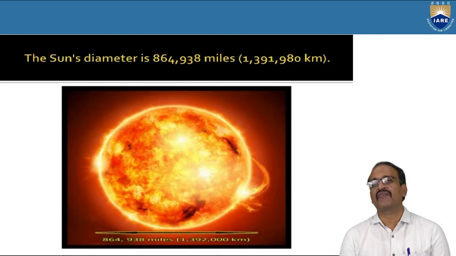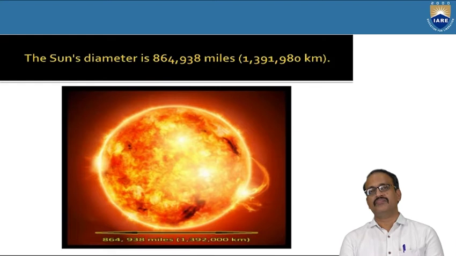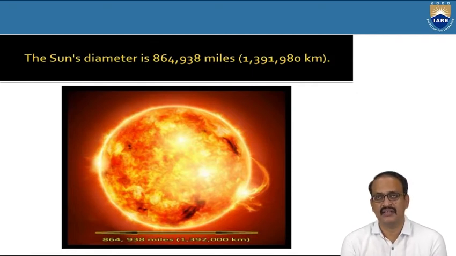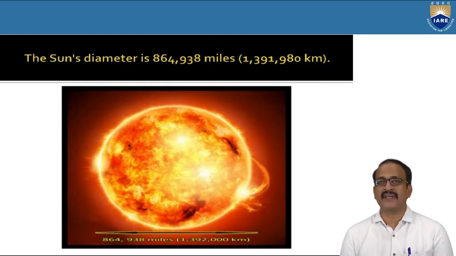So what is the diameter of the sun? It is 864,938 miles, or 1,391,980 kilometers.